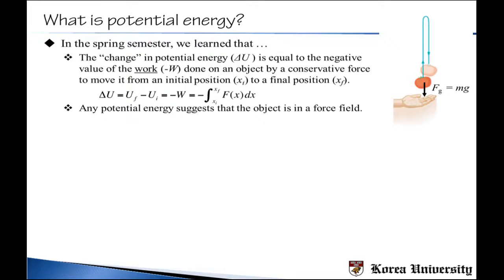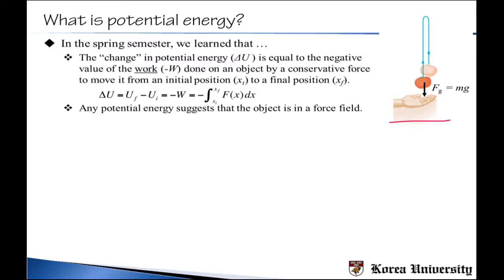So before learning what electric potential is, let's try to remember the potential energy that we learned in the spring semester. The electric potential and potential energy sound very similar, right? So take a look at the figure on the right-hand side. Here the hand is throwing the tomato up high, and then the tomato goes up and falls down.